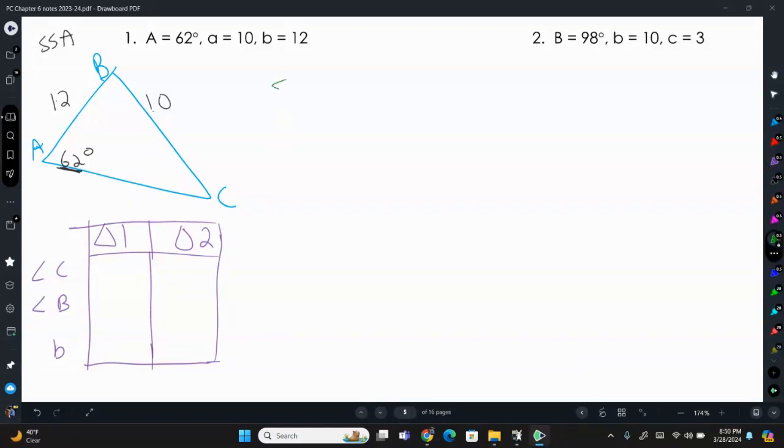So let's set up the law of sines. Sine of 62 degrees over 10 is equal to the sine of C over 12. All right, so then we'll cross multiply and divide.